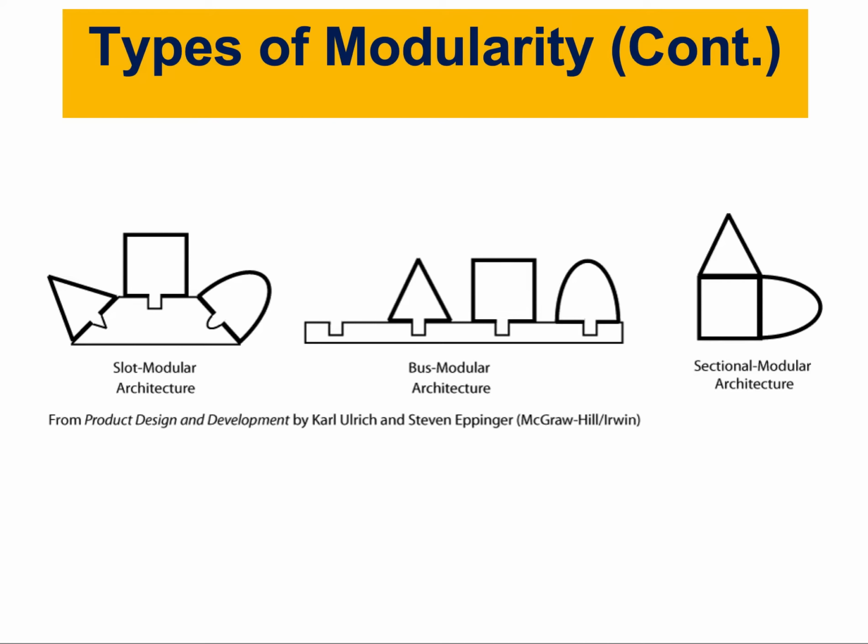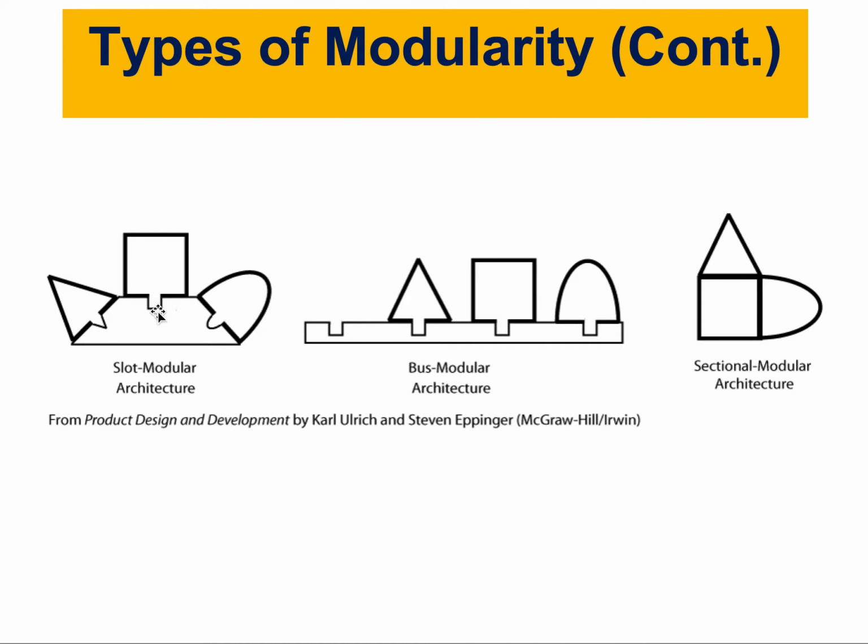The first type is the Slot-modular Architecture, which is this type here, and each of the interfaces between chunks in a Slot-modular architecture is of a different type. You can see we have different chunks, and we have this connection that connects all of them together, and each one of them has a different interaction.